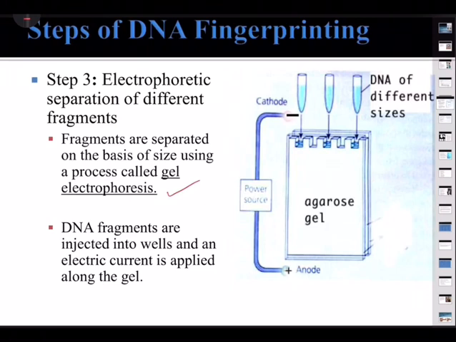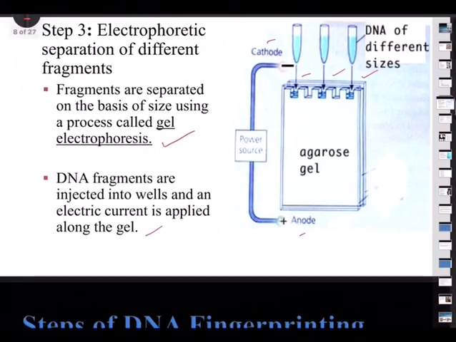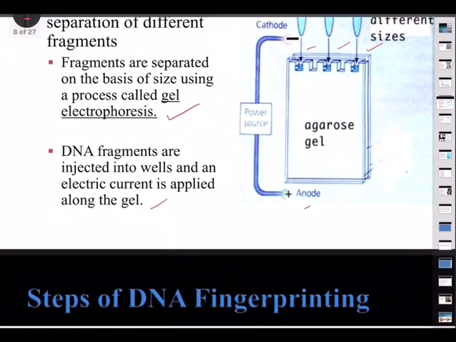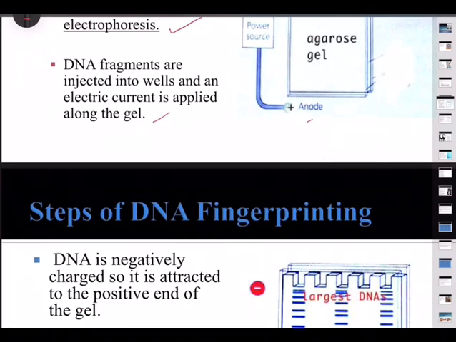And the DNA fragments are injected, as you are seeing here, into wells, and an electric current is applied along the gel. You can see the positive and negative, and DNA being negatively charged, it moves towards the anode, and the shorter ones will travel fast. So short fragments of DNA will be moving fast towards the anode.